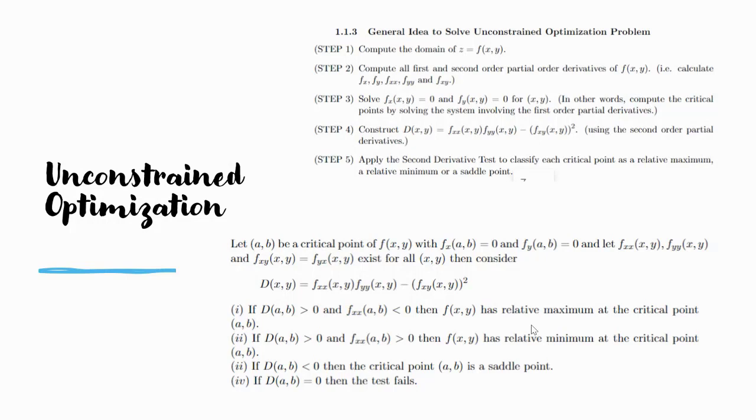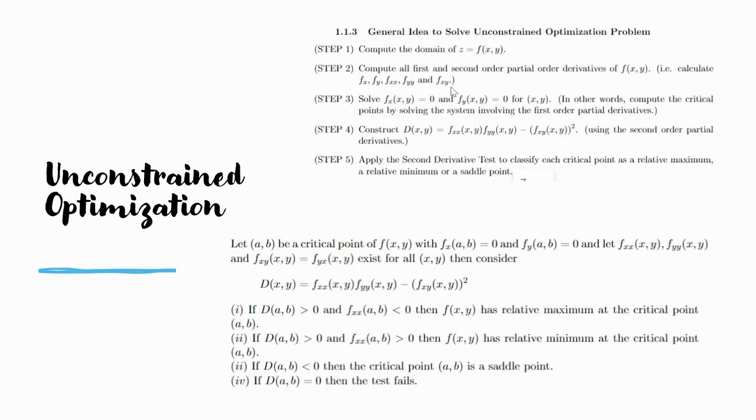The first thing that you would start by doing is finding the critical points. You will find the domain first. This is a given for any time you're trying to find critical points, you always want to find the domain first. And then to find the critical points, you need to first find fx, fy, fxx, fyy, and fxy.